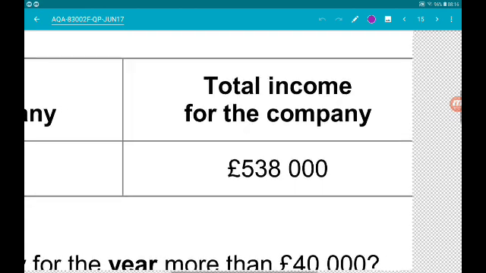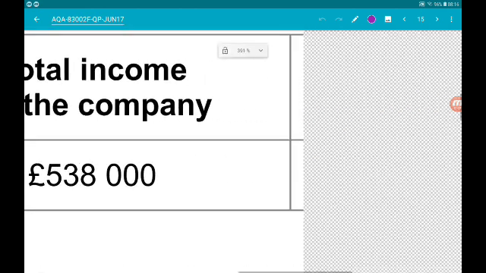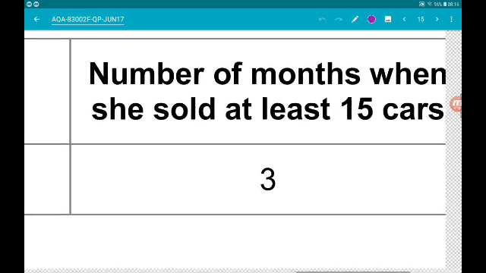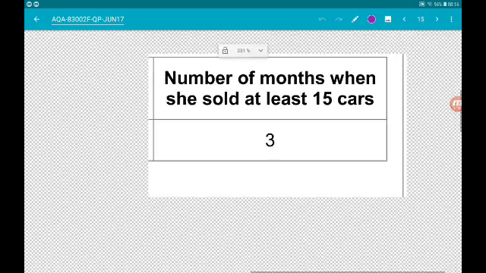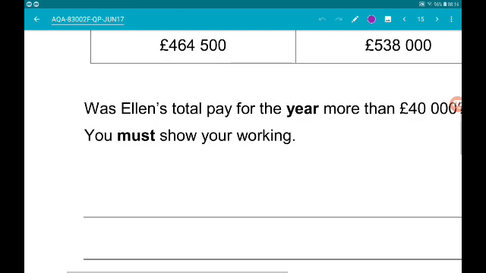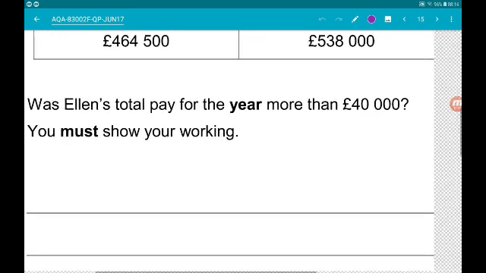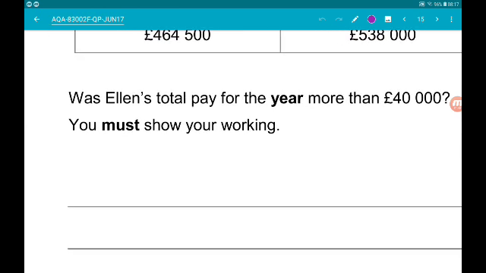The total income for the company was $538,000, and the number of months when she sold at least 15 cars was 3. We want to work out was Ellen's total pay for the year more than 40,000. We must show our working.